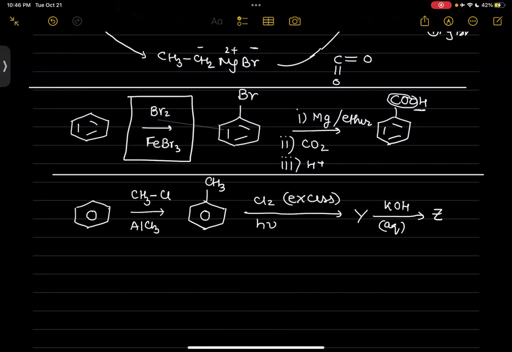This is Friedel-Crafts alkylation. Okay, and we have acylation. Acylation is going to give us aromatic ketones and aldehydes.